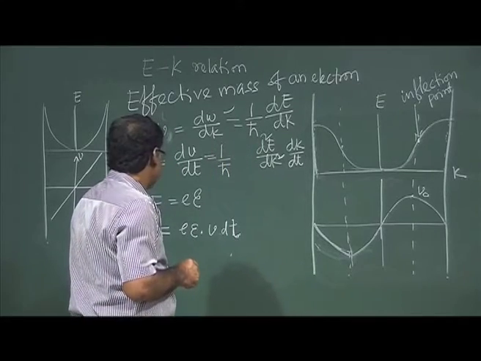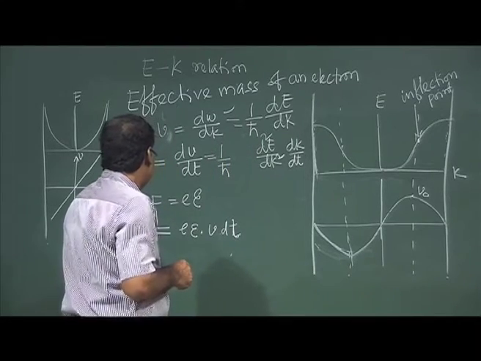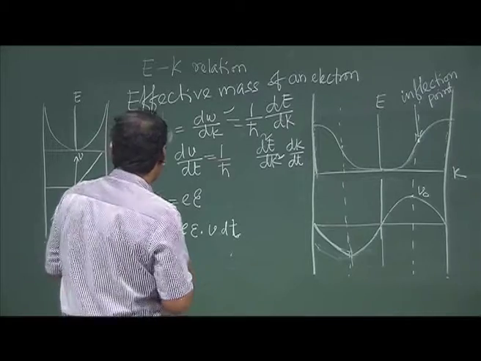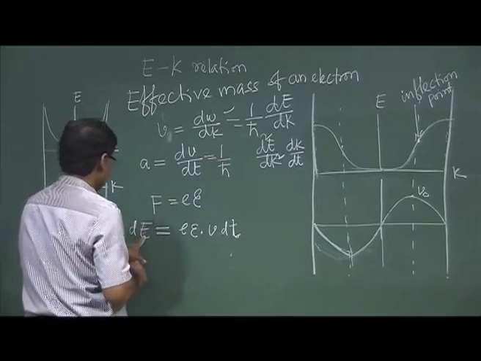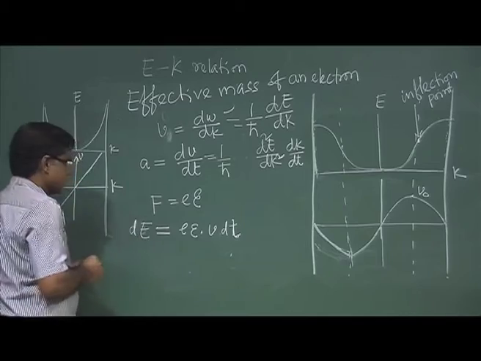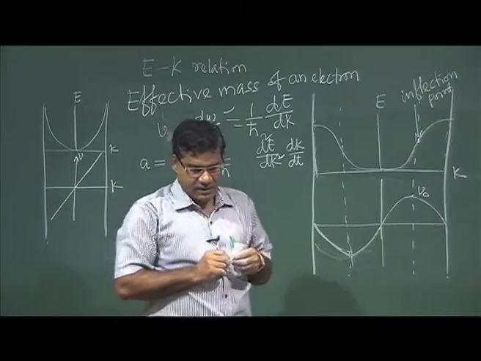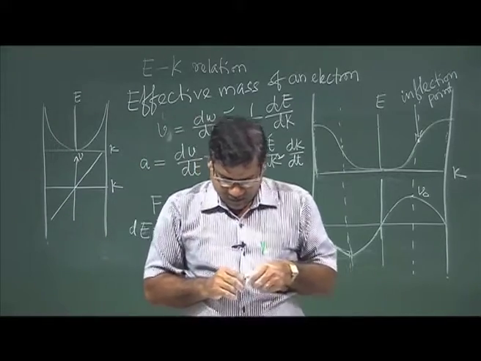dk by dt, because this E is what? Energy. E is h cross omega.